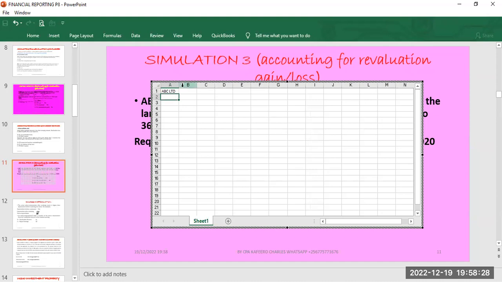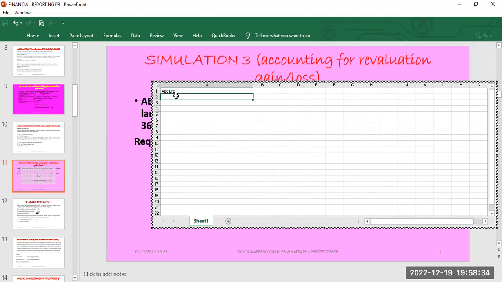Whenever we are starting any question, we start with summarizing the information that has been given to us. We've seen that the cost as far as 2019 is concerned was 40 million, and it was revalued to 45 million.